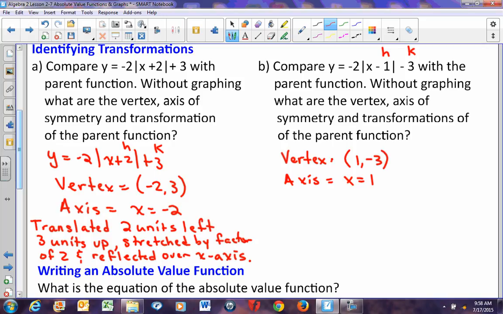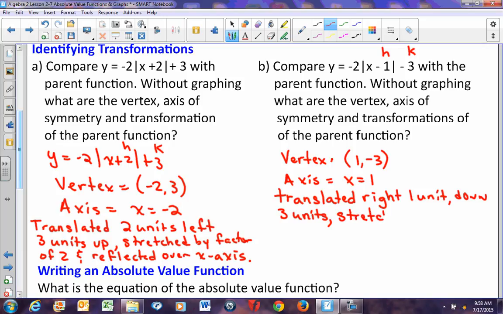So translated right 1 unit, down 3 units, stretched by a factor of 2, and reflected across the x-axis.